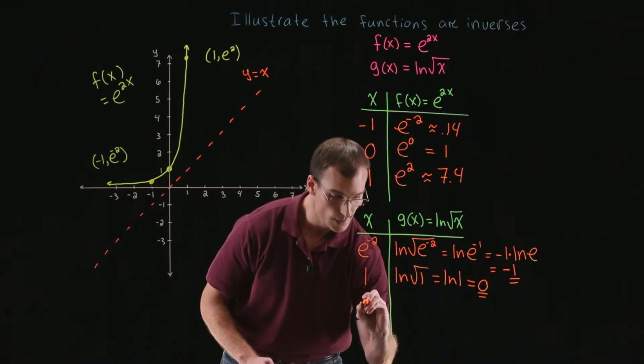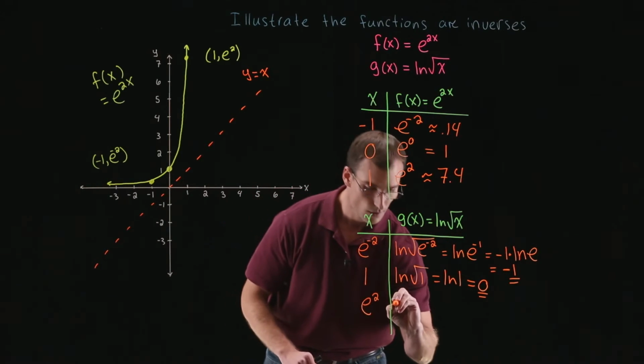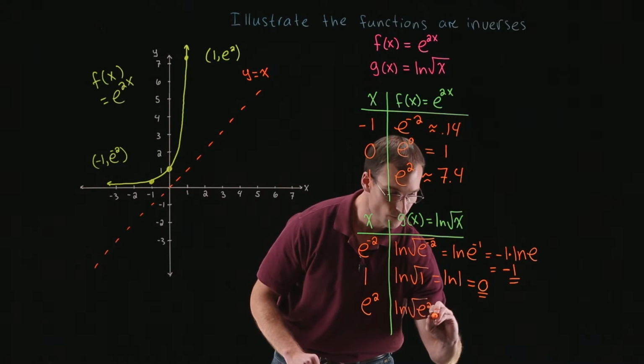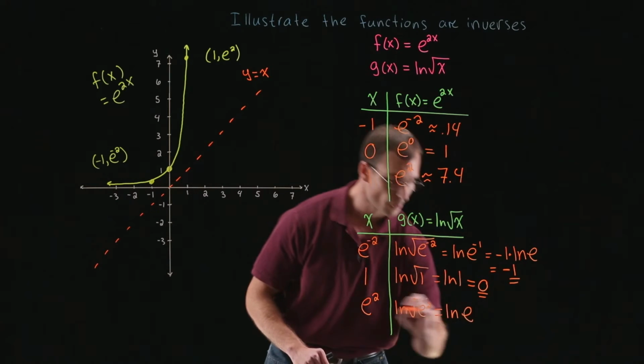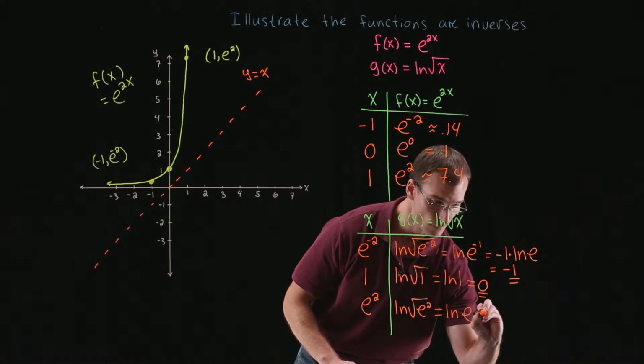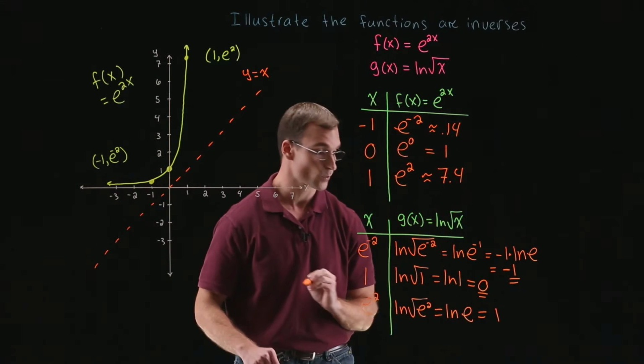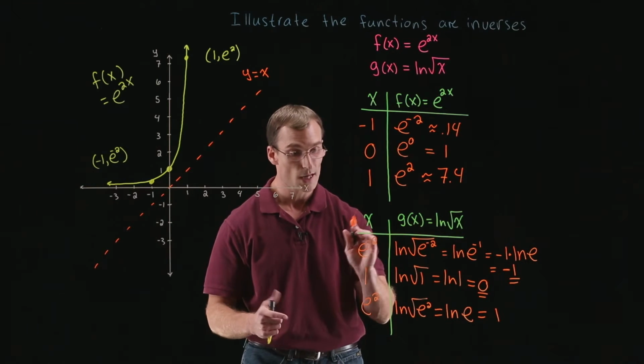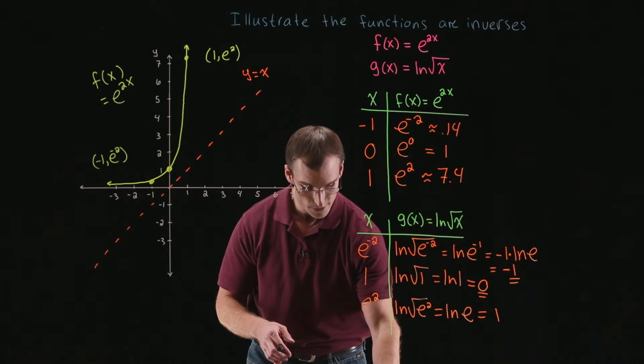And then lastly, e squared, so ln of the square root of e squared is just going to be ln of e, which is 1. So in fact, we do see this switching of the coordinates. That in itself confirms that these are inverses.